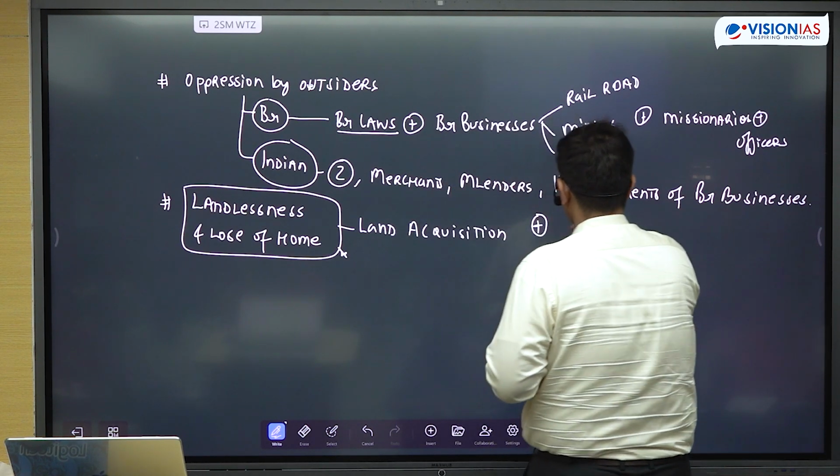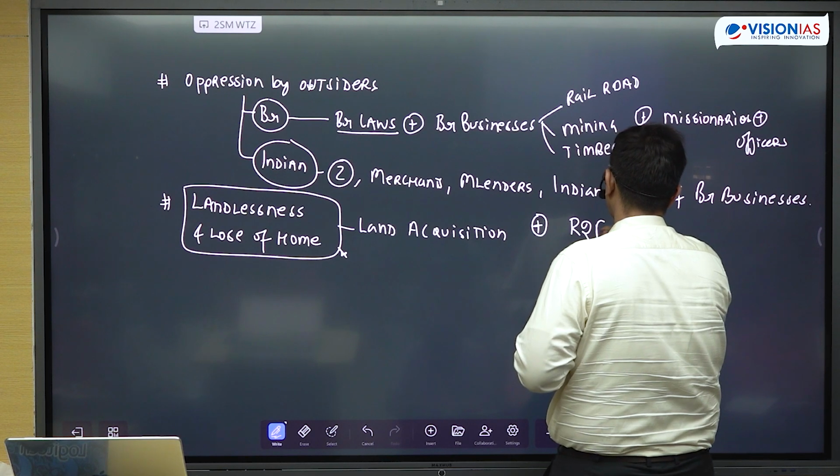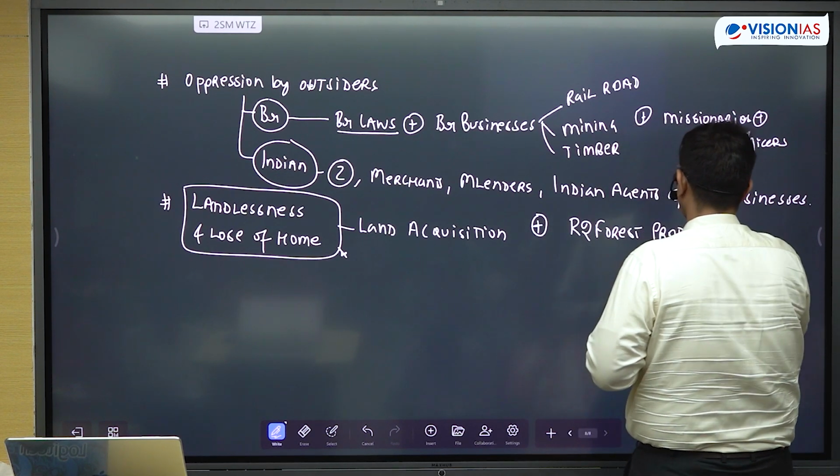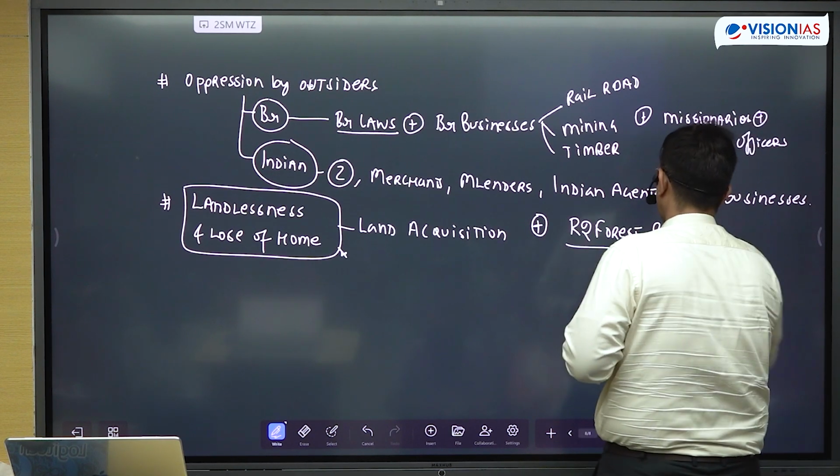Another thing that they are losing is their right to forest produce. How?